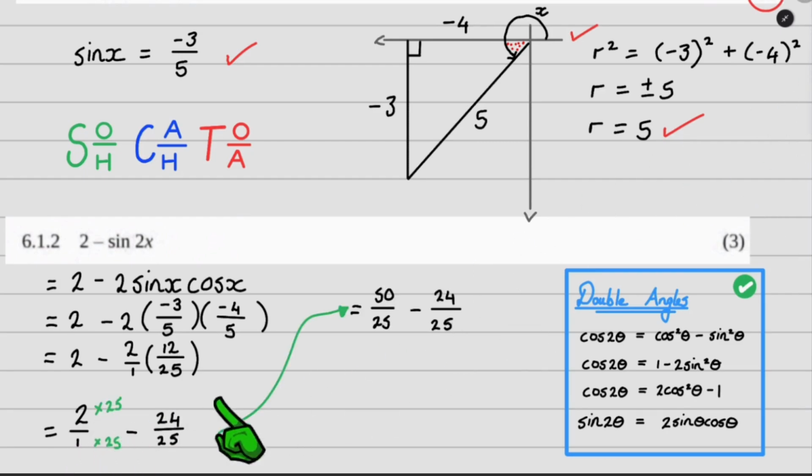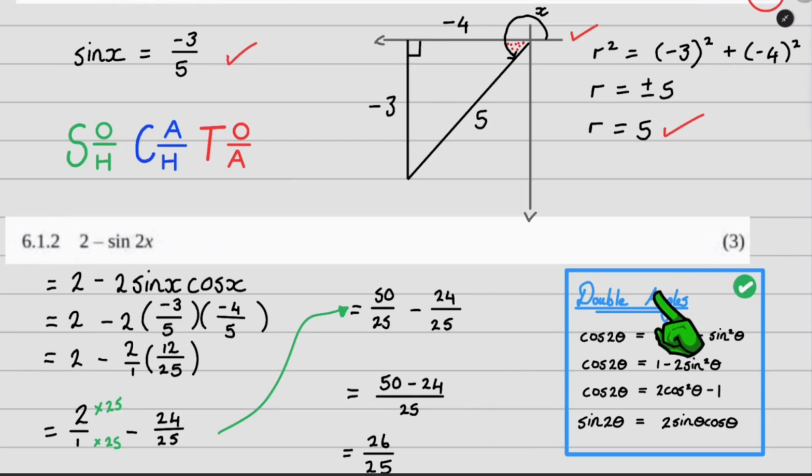So 2 times 25 will give me that 50, 1 times 25 gives me that 25. So now I've got an LCD, so I'm going to morph them into one fraction, like so. And now I can simply minus the tops. 50 minus 24 will give me 26. So my final answer will be 26 over 25.